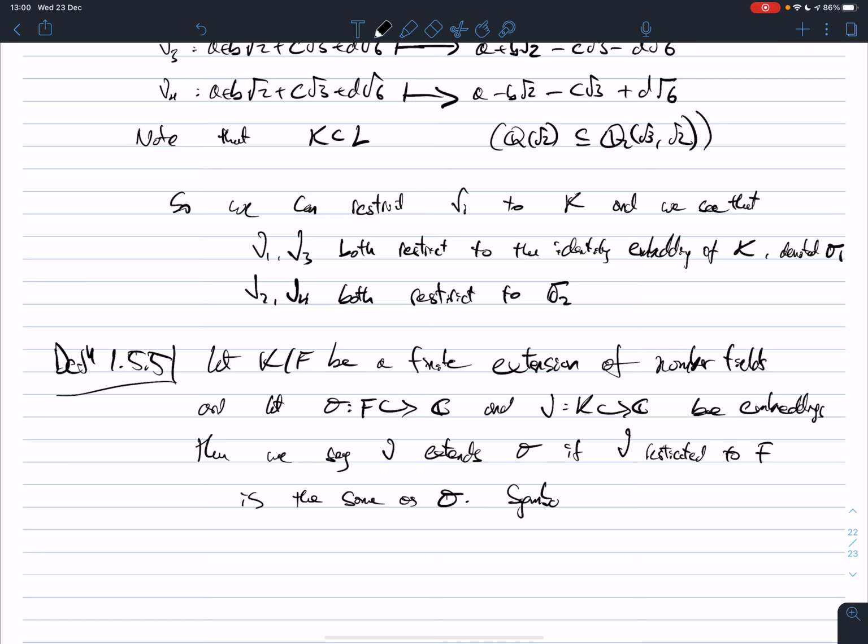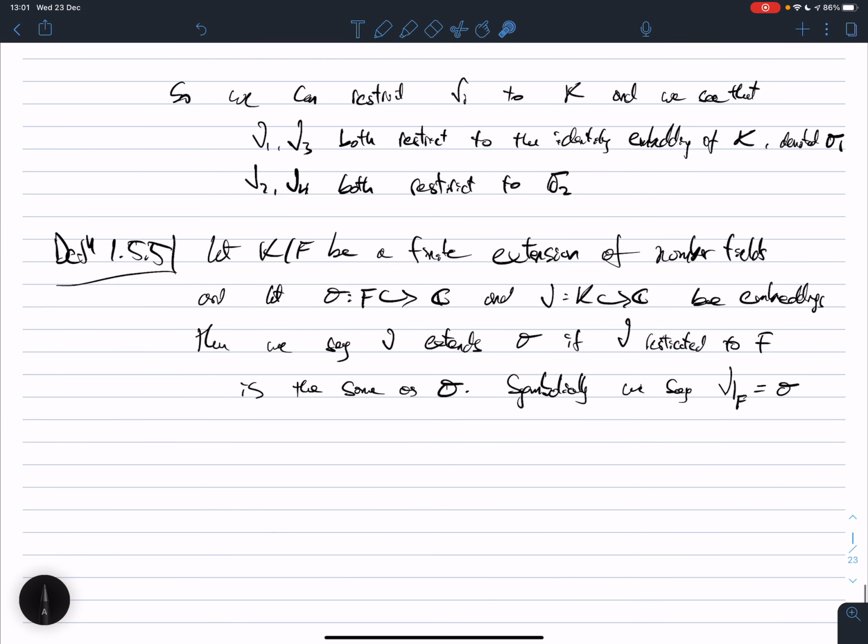Symbolically, we say eta restricted to F equals sigma. This line F just means restricted to F. It's like a vertical line.